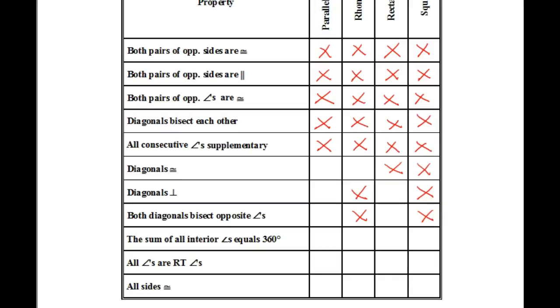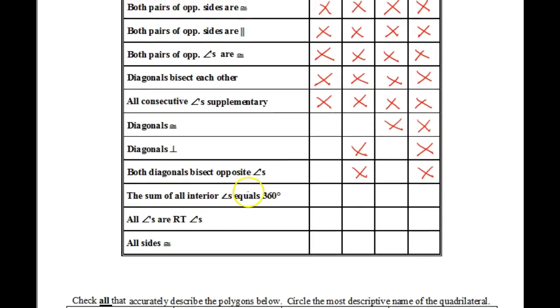What about all the angles on the inside equaling 360? Well, that's quadrilateral. So as long as it has 4 sides, it's true. Which shape has all right angles? A square and also the rectangle. And then which shape has all congruent sides? A square and also the rhombus.